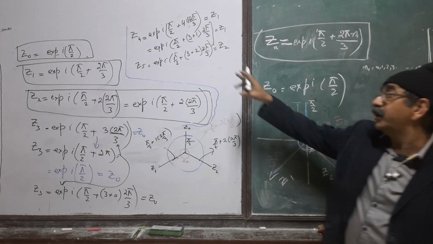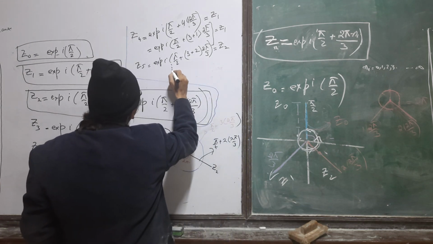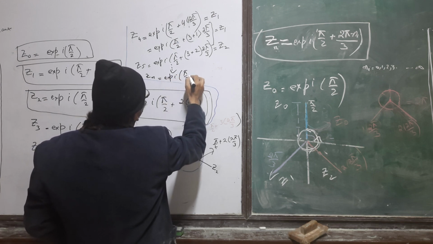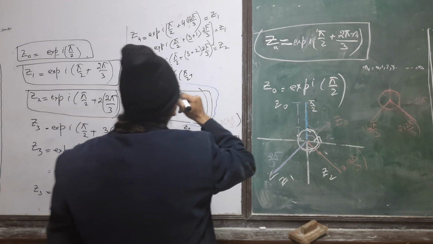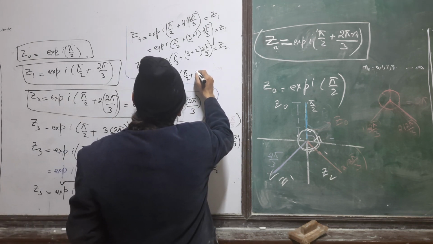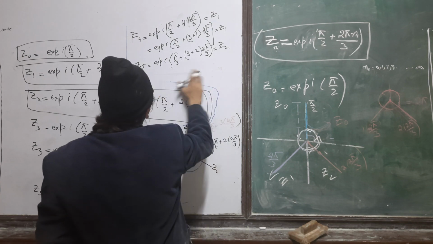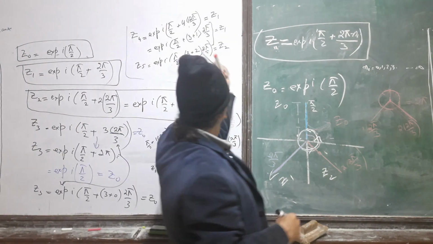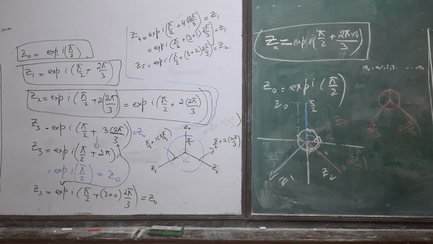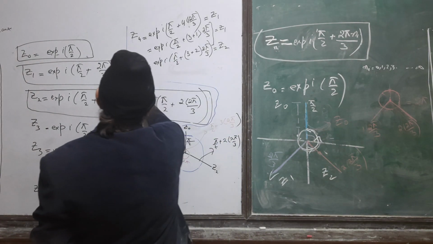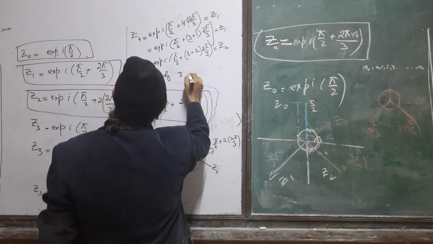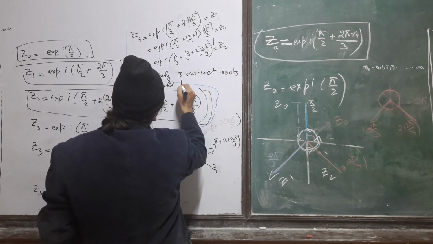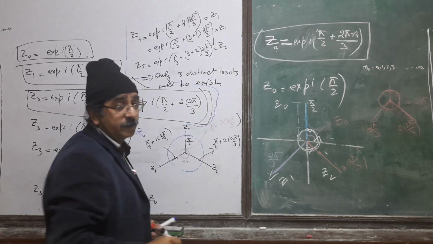You may say Zn is exponential of iota pi by 2 plus something, and so in this way you may define that only 3 distinct roots will exist. Okay, got it?